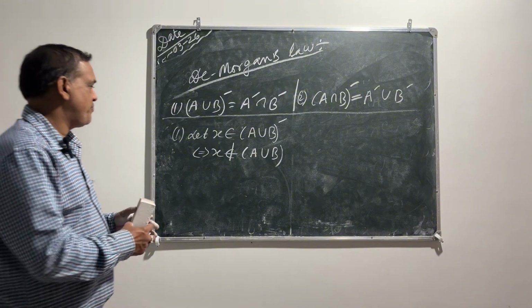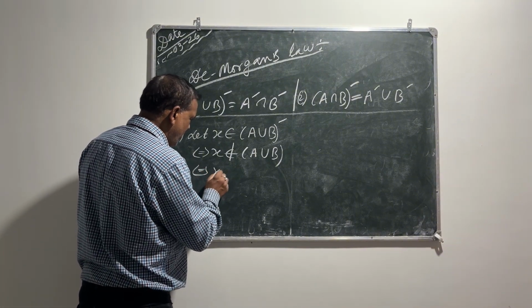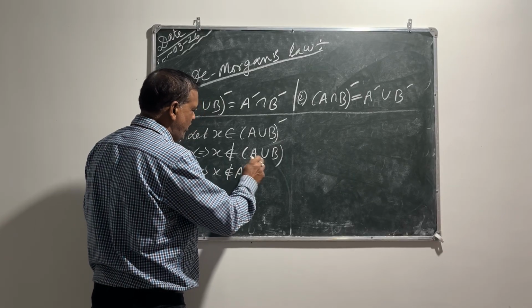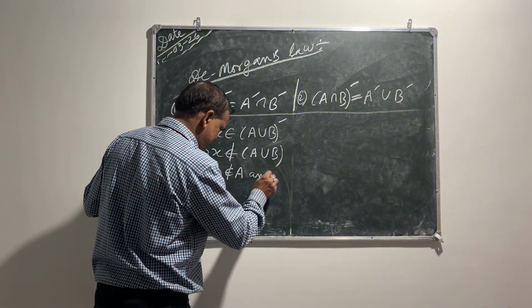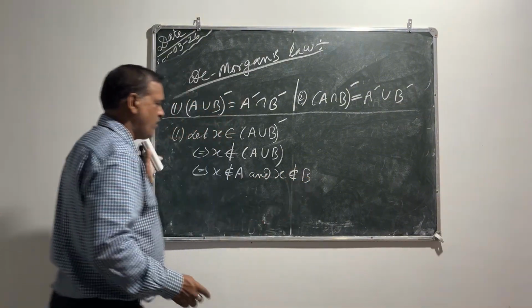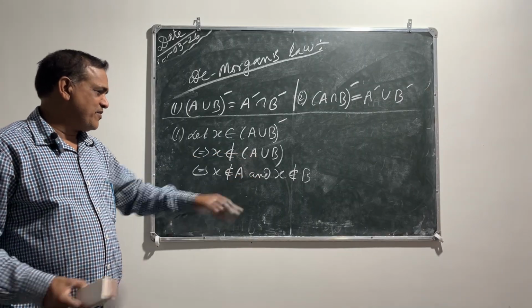That implies X doesn't belong in A, and in case of union, whenever it does not belong, union can be replaced by and. X doesn't belong to B.